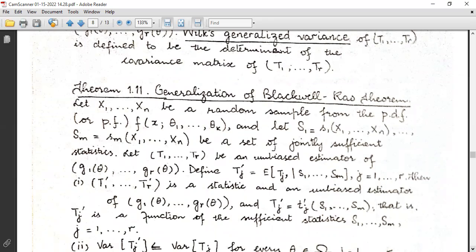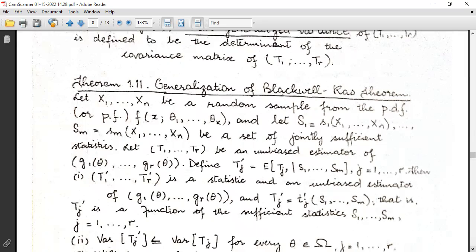The theorem is about X1 up to Xn, random samples from the PDF f(x; θ1, ..., θk), where S1 up to Sm is a set of jointly sufficient statistics, and let T1 up to Tr be unbiased estimators of g1(θ) up to gr(θ). Then we define Tj' to be the expected value of Tj given the sufficient statistics S1 up to Sm, with j varying from 1 to r. Then we have three cases.